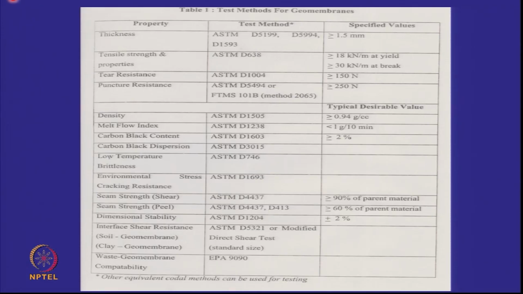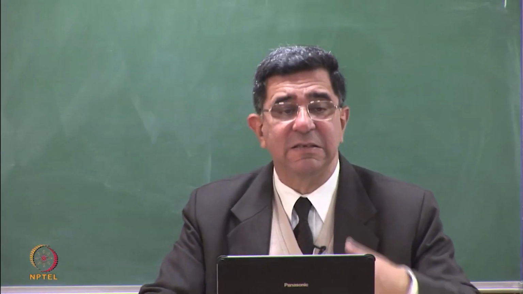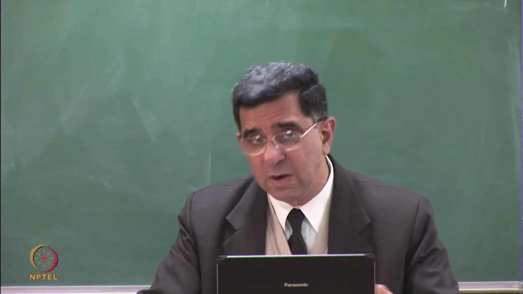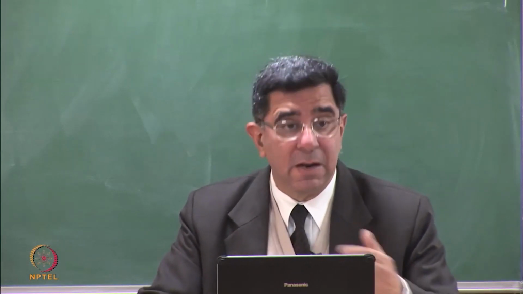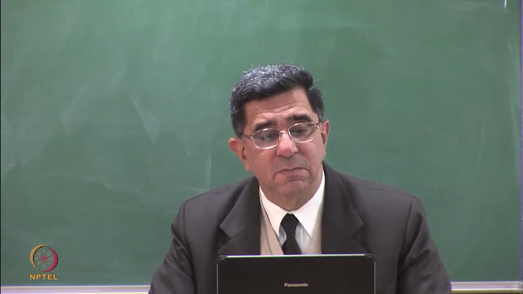And if I look at this table, I will not go into details, but just like we test soil, grain size distribution, density, specific gravity, plasticity, water content, strength, compressibility, permeability, there are a series of tests which have to be performed on geomembranes.